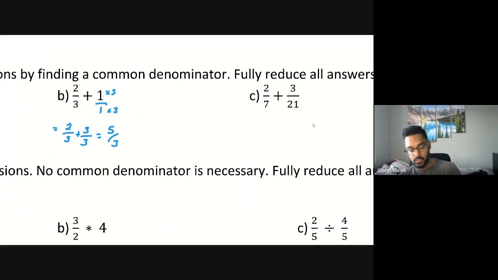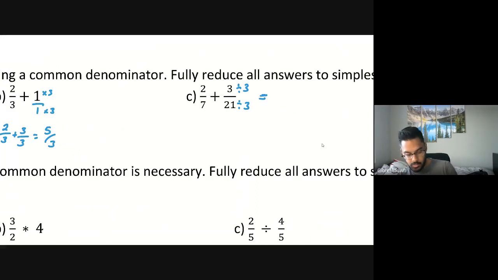So I'm going to choose to divide the second fraction by 3. This will save my reducing that I don't have to do at the end. So we're going to have 2/7, and we are going to be adding to it 1/7 for a total of 3/7. Now this fraction is already in lowest terms. I don't have to worry about that because I took care of it in the first step.